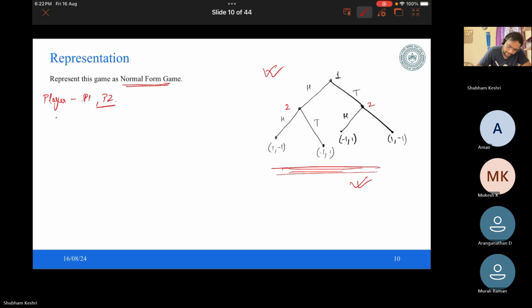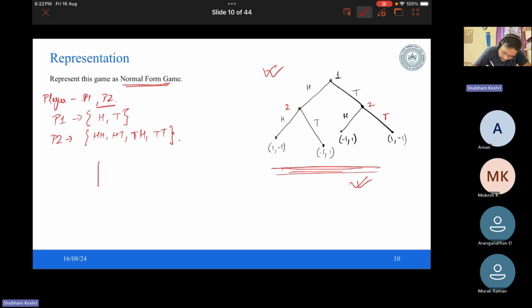What are the strategies of player 1? Strategies of player 1 are H comma T. Is this all right? Strategies for player 2 are HH, HT, TH and TT. Is this all right?